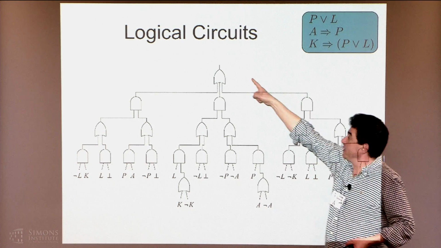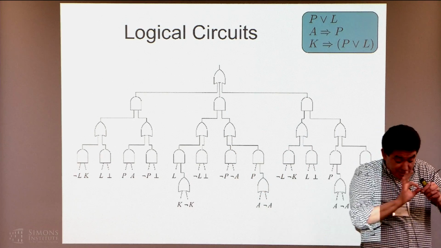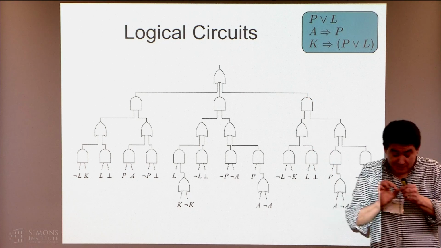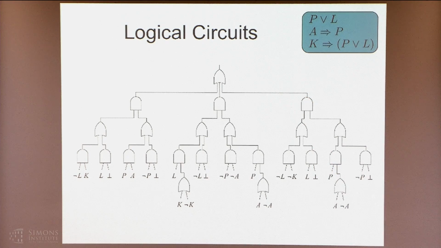If it gives you a 1, that means that variable instantiation is in the structured space. If it evaluates to 0, it is not. However, this circuit must satisfy some additional requirements that allow you to do tractable reasoning on that structured space, including inducing a distribution and computing marginal probabilities, all in linear time.